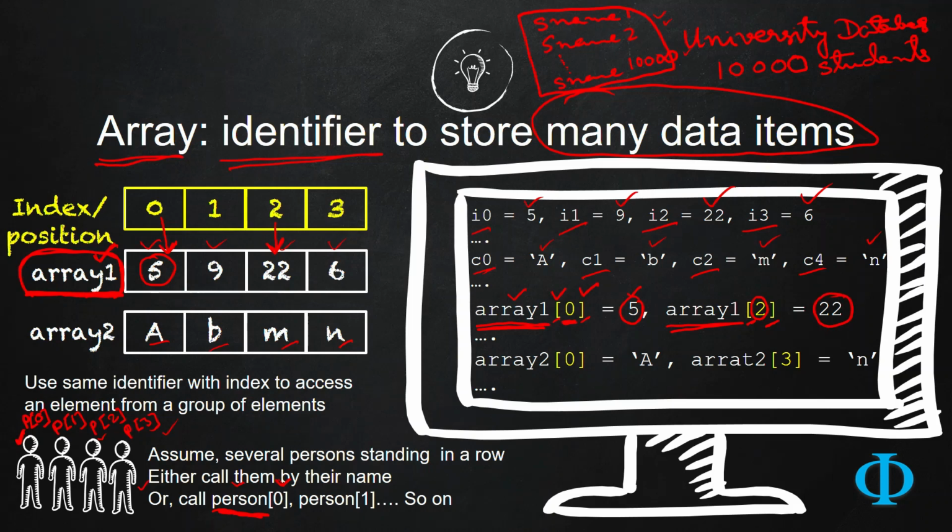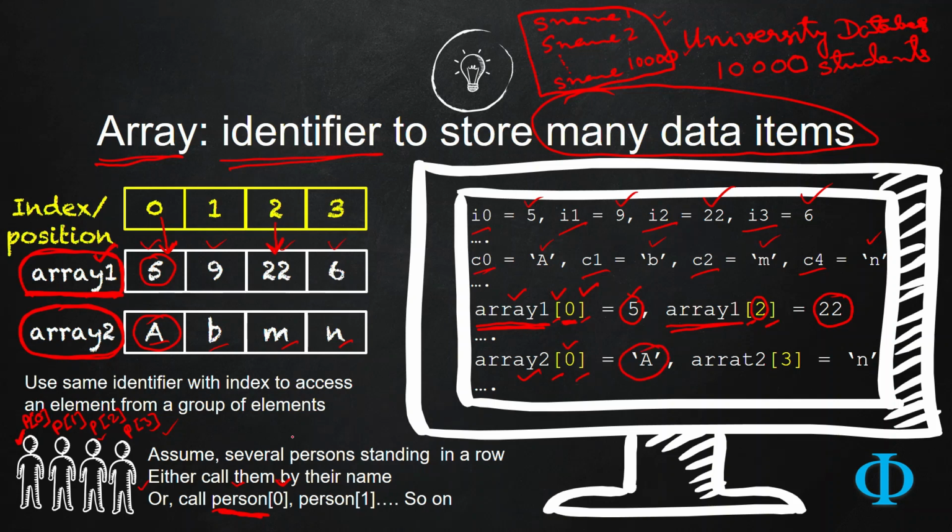The same thing happens for the next array also, for which I decided to take a name called array2, but you can choose your own name. So here it is array2, and in the index 0 I want to store a, so that is array2, inside the opening and closing box bracket 0, equals a.